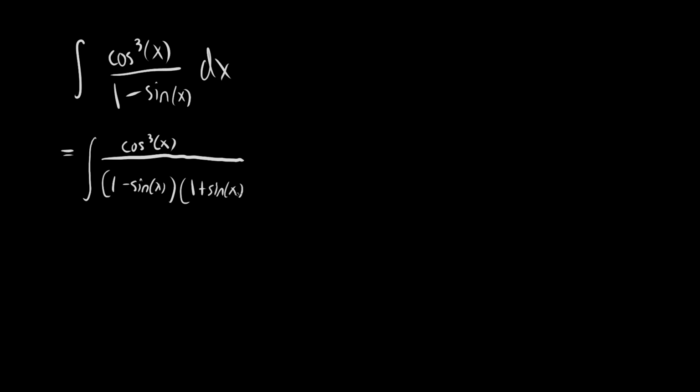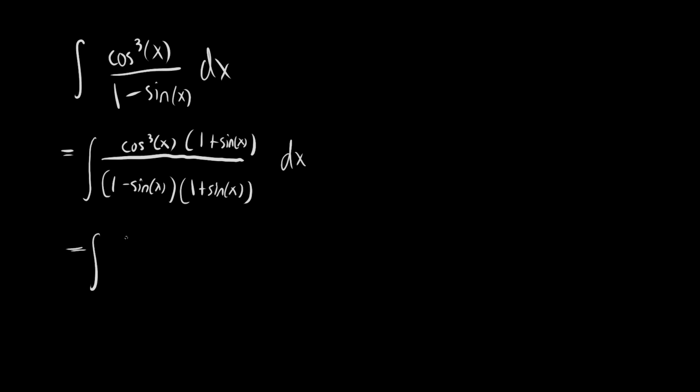But since I'm essentially multiplying the denominator by 1 plus sine of x, I also have to multiply the numerator by that same thing. There you go. If I didn't do the multiplication up there in the numerator as well, the expression would change completely. So make sure you don't forget to multiply up and down so that your expression overall doesn't change.